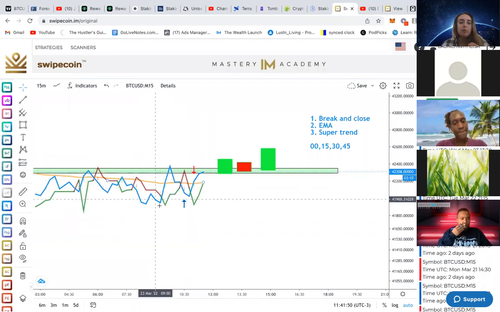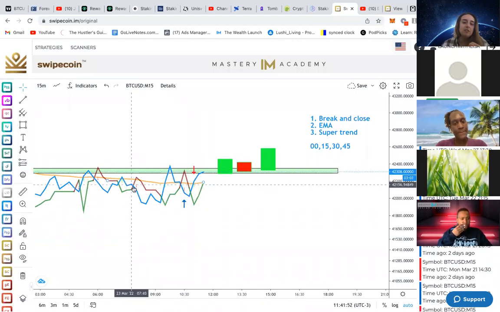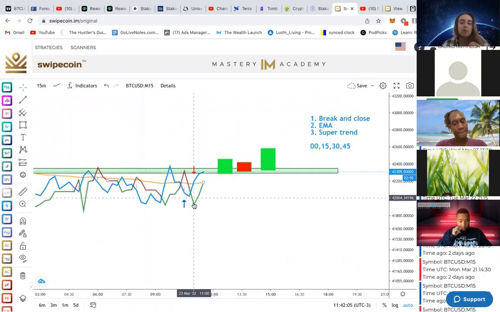Now, when the blue line crosses the red, like you can see here, the Supertrend is on top. The red line is on top, right? That's telling you it is bearish, it's selling. But when the Supertrend is underneath, the green, that's telling us that we are, of course, buying. That makes sense?